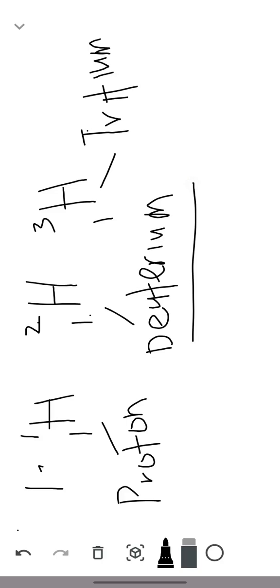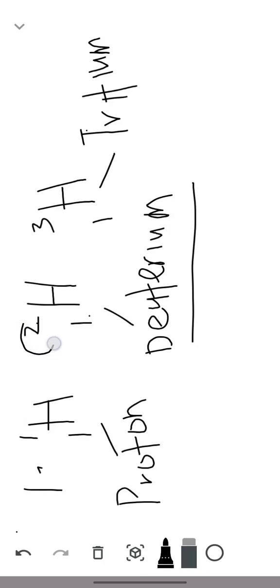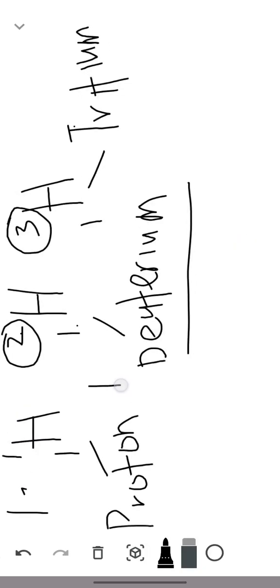So notice one thing, that the mass numbers are different. This one is 1, this mass number is 2, this mass number is 3. But notice one thing, the atomic number is the same. They are 1, 1. So what makes the difference in their mass numbers? Pay attention. Remember that the number of protons is the atomic number, that's 1.